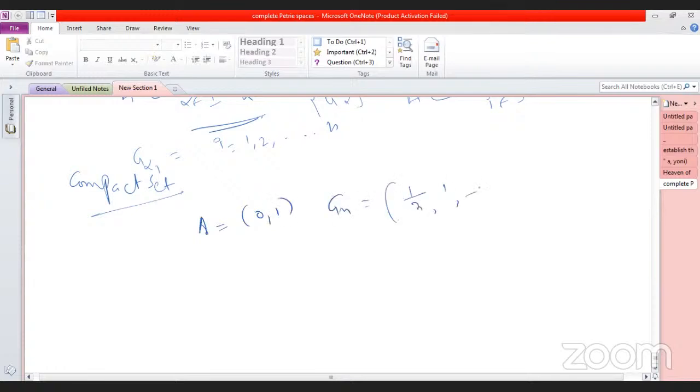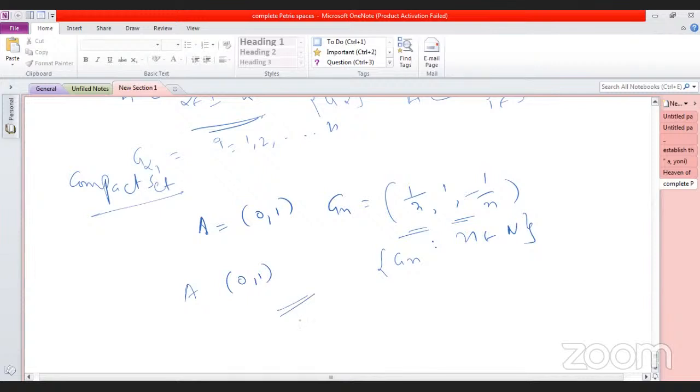Gn equal to (1/n, 1 minus 1/n), with n belonging to N. So Gn is an open cover of A. Here n means natural numbers, yes. So A equal to (0, 1) is not a compact set in R.